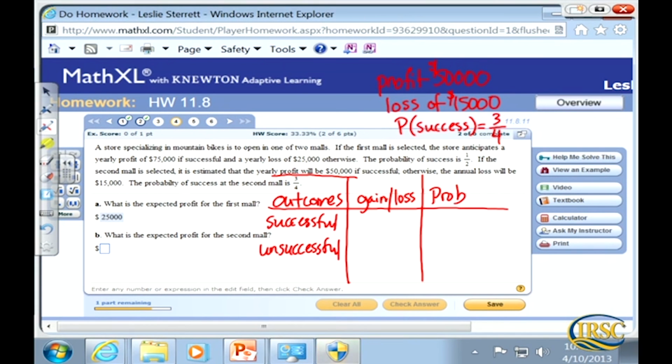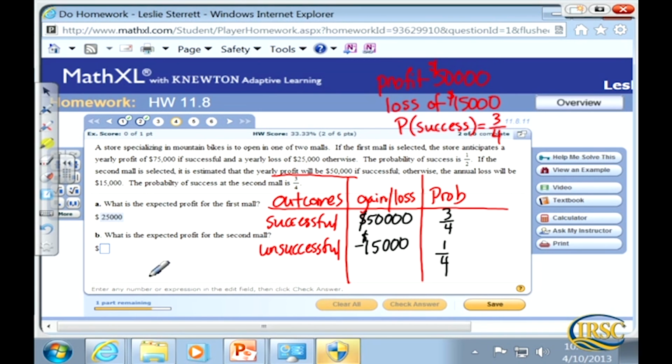Okay, and so the gain or loss if you're successful. Okay, positive 50,000. And if unsuccessful, negative 15,000. The probability of success at this mall? 3/4. And so therefore the probability of being unsuccessful? 1/4. Good, because this has to add up to 1.